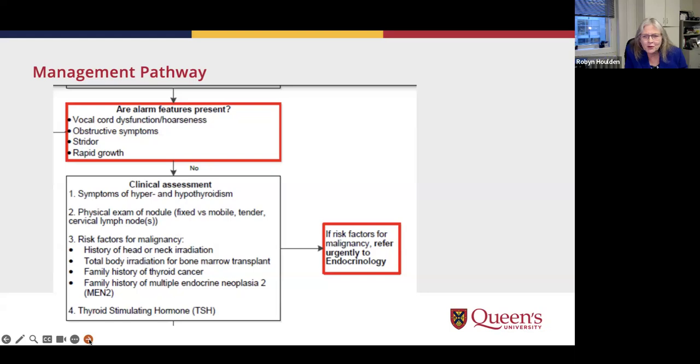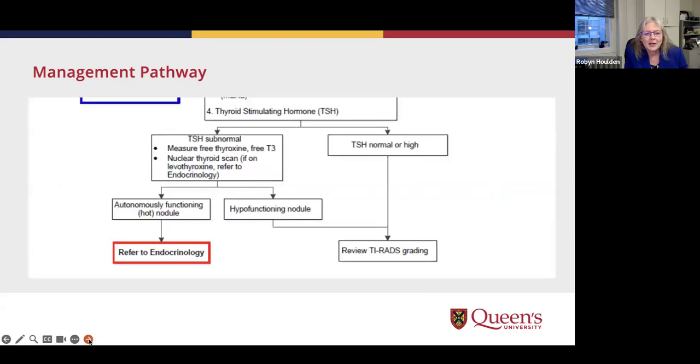And if we go to the next slide, we'll show you why the TSH is so important. So if the TSH is normal or high, we're just going to look at the TIRADS reporting. But if the TSH is low, it's possible this person might have something called a hot or a functioning nodule. And so we're going to make sure that they're not overtly hyperthyroid by looking at the free thyroxine and the free T3.